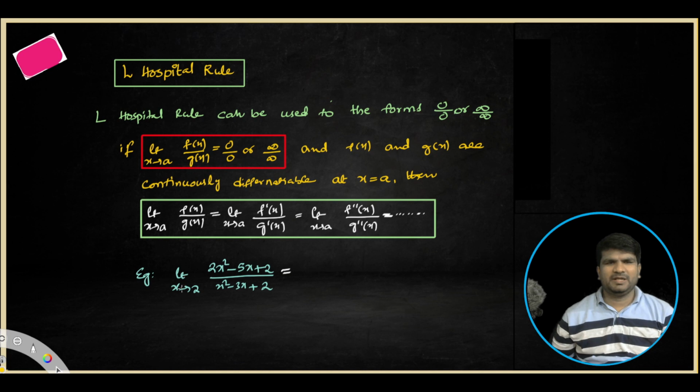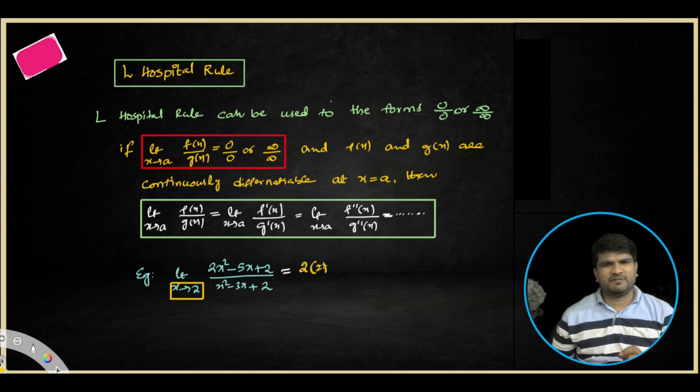Here limit x tends to 2, x is approaching 2, of 2x square minus 5x plus 2 by x square minus 3x plus 2. If x approaches 2, we have to put the value of x as 2.